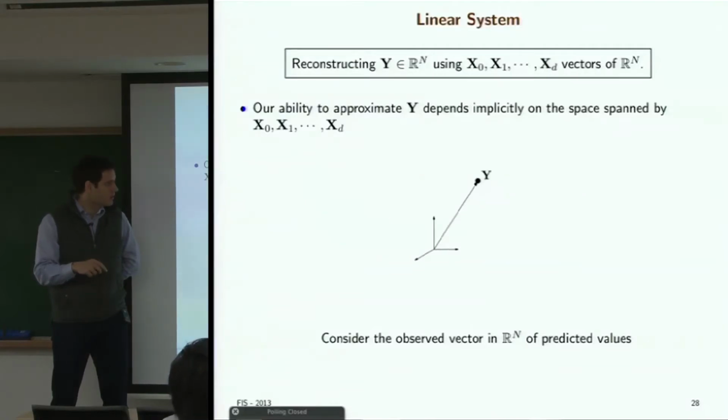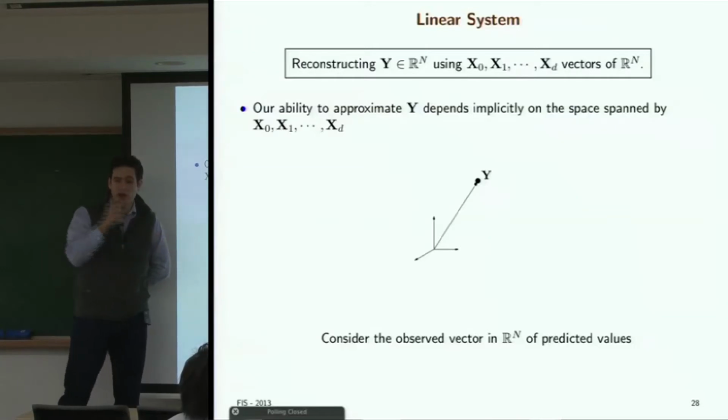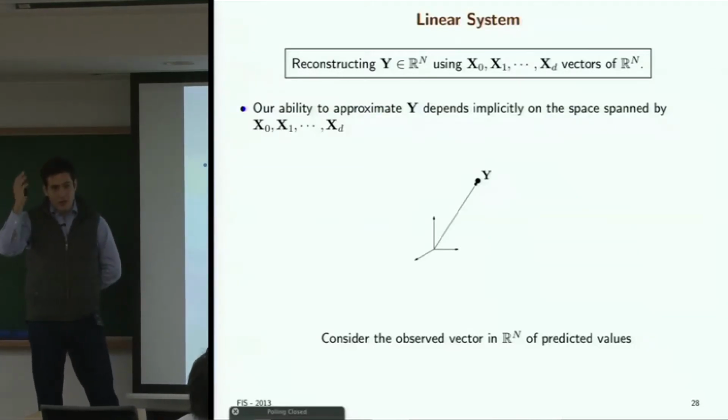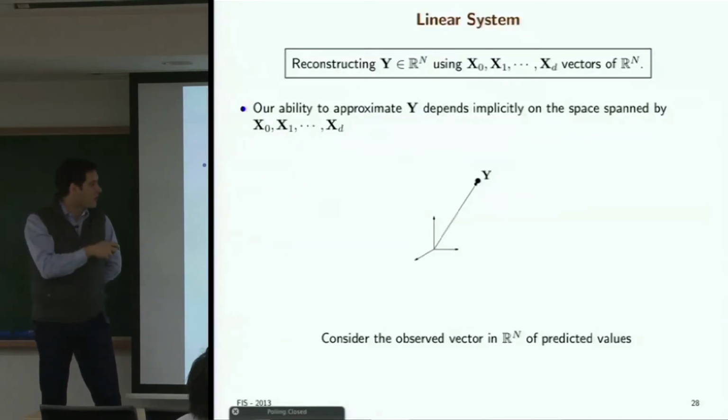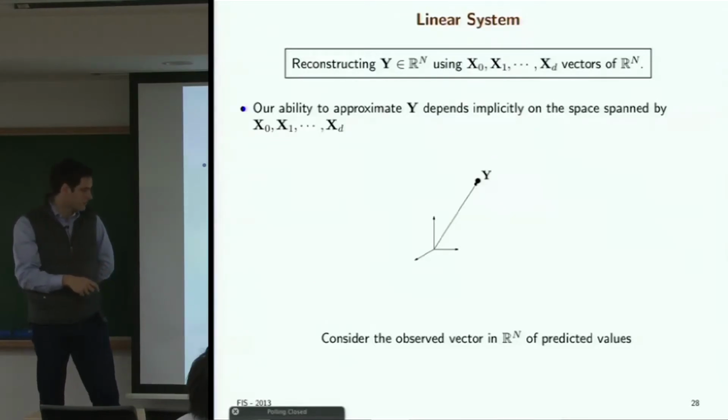Does y belong to the vector space generated by those column vectors? Remember that y is the predicted variable across all observations, and the others are predictor variables. So what we're asking is whether the predicted variable is in the linear span of the predictor variables.